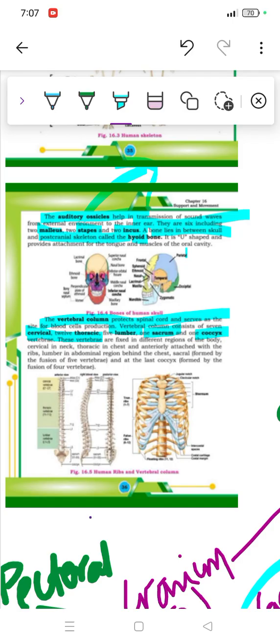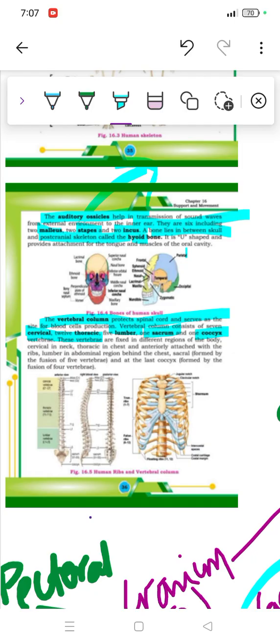These are the final ones, but before that they are divided, and they get fused during infancy, when you are in your mother's womb or just born. At that time a few bones get fused. Otherwise in the vertebral column we have 33, but now we just consider 26, right?